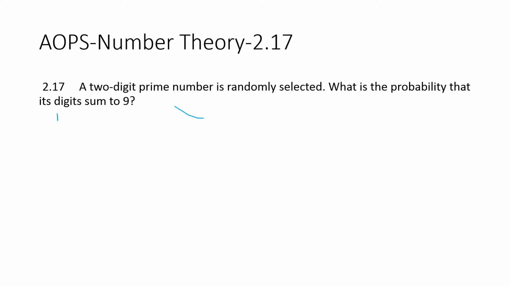So 18, 27, 36, 45, 54, 63, 72, 81, and 90. So out of these, none of them are prime numbers, so the chance is 0.